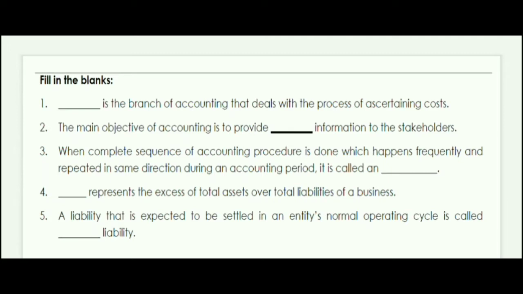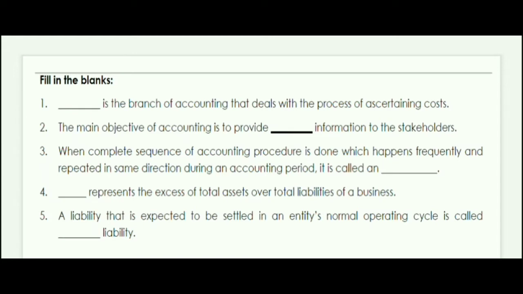Dear viewers, do you have any idea now? So I repeat once again, the question: blank is the branch of accounting that deals with the process of ascertaining cost. If this type of question is asked in the exam, please write down the answer.